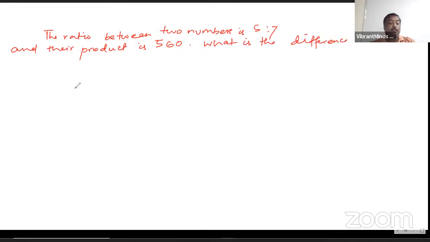What is the difference between these two numbers?